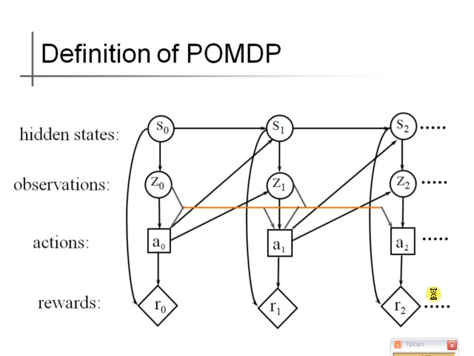Now that state S1 depended only on the previous state and the action A0, probabilistically dependent. And then when you get to that state, you get an observation. That observation depends only on the current state, not the previous state.